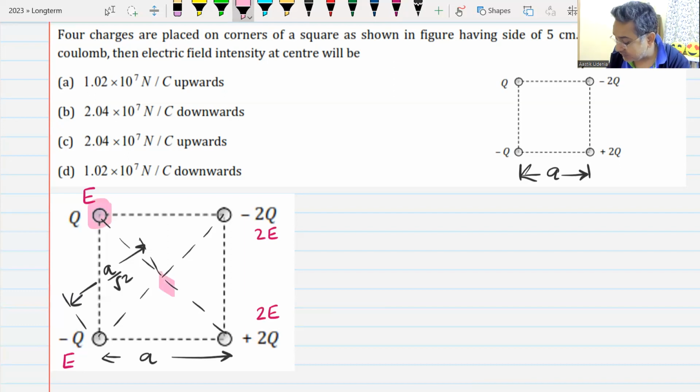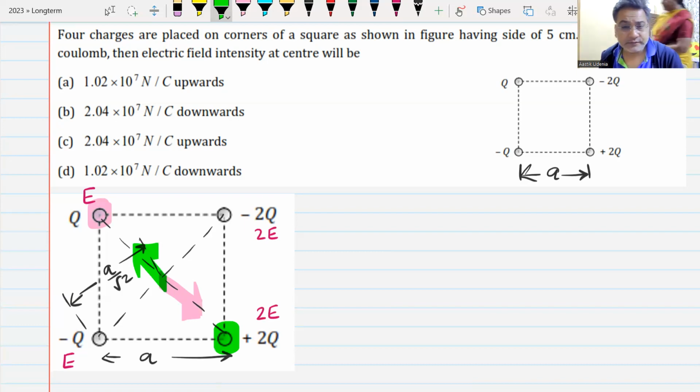Because of this charge, electric field will be going like this, E. Because of this charge, electric field will be going like this, E. It will be 2E, 2E in the upward side and E in the downward side. We will have 1E in the upward side, yes or no?